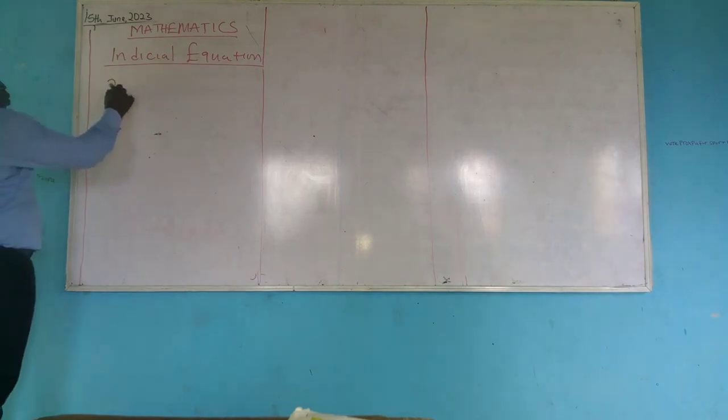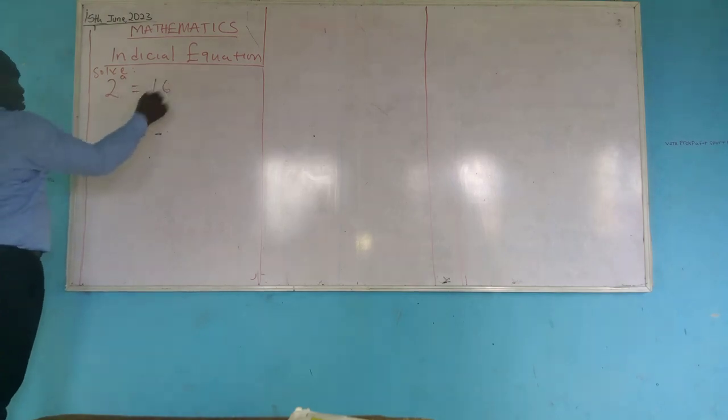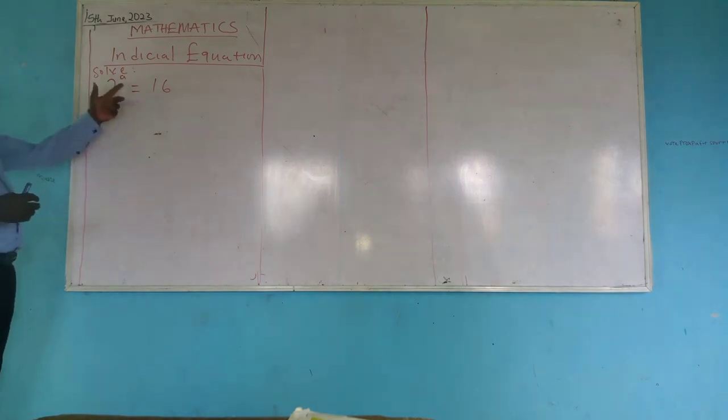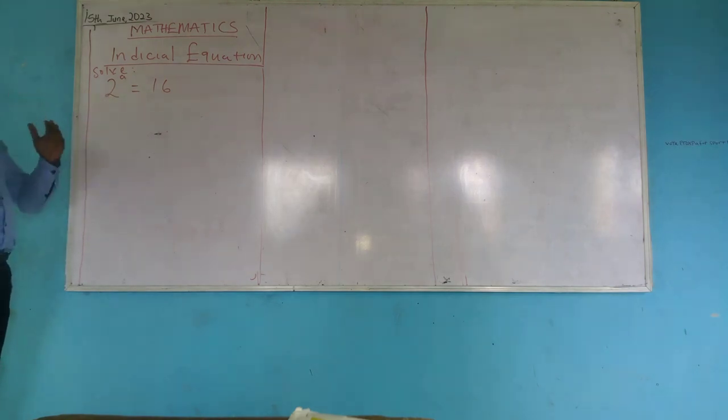Now, example: let's say you are told to solve something like this, and here you have 16. Obviously, this is not a question to struggle with, because in the exponent, you can see what is happening here. This is the base and this is the power, and the base is 2, and what we have here is a factor of what we have at this point. So you can tell where you will land.